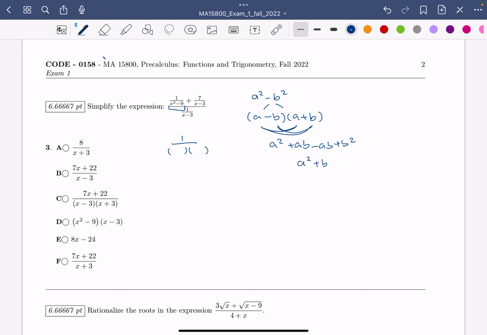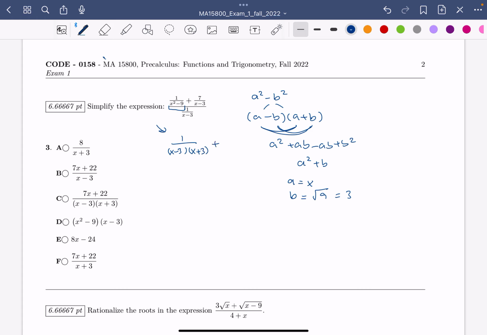In this case, our a is equal to x, and our b is equal to the square root of 9, or 3. Now, if we write this in our little thing right here, we can see that we have a minus b, so that's x minus 3, and then a plus b, x plus 3.